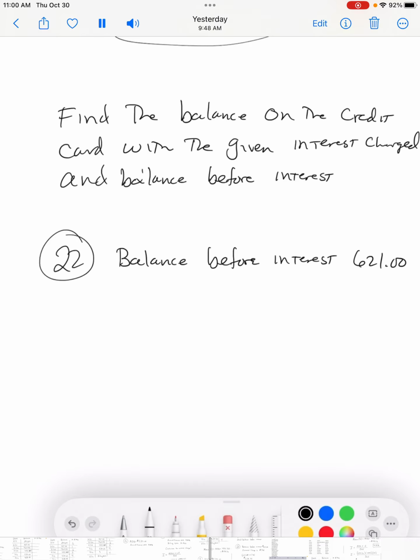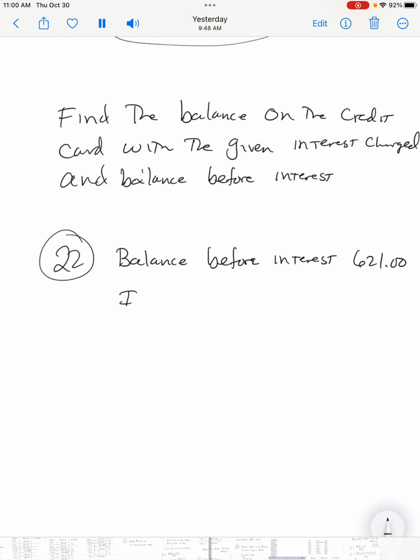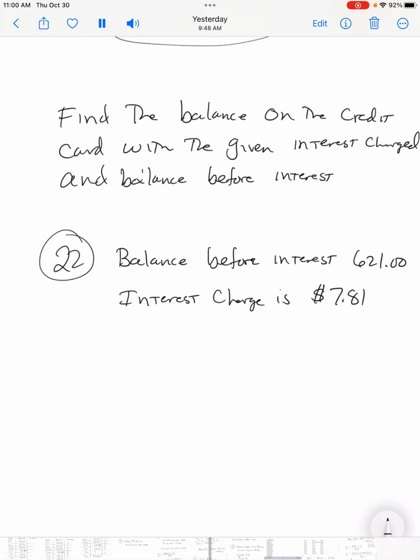Okay, so the balance before interest is $621, and then they calculated the interest. Interest charge is $7.81. So whatever their interest rate was, when applied to the average daily balance, which is not on here, they came up with $7.81. Cool. So what they're asking for is the balance on the credit card now.